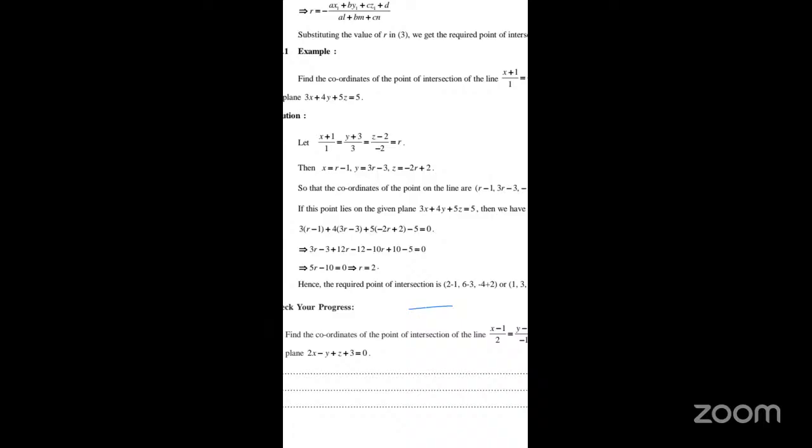Okay. So if we substitute that point in the plane, we are getting r equal to 2.